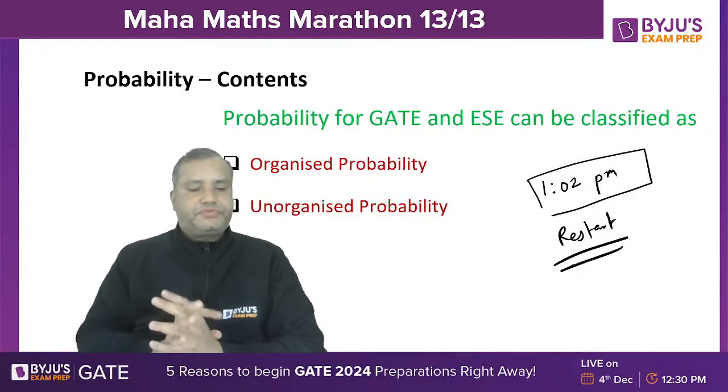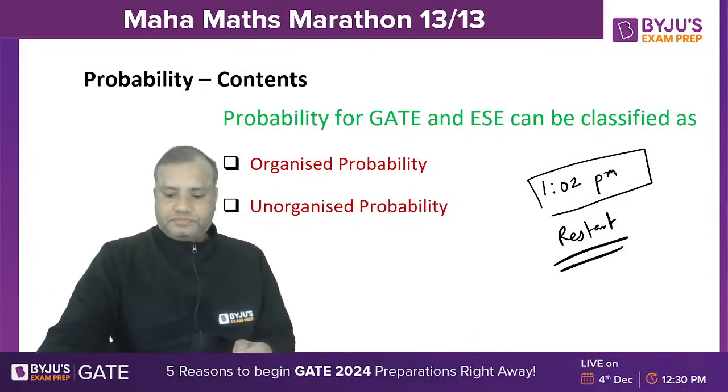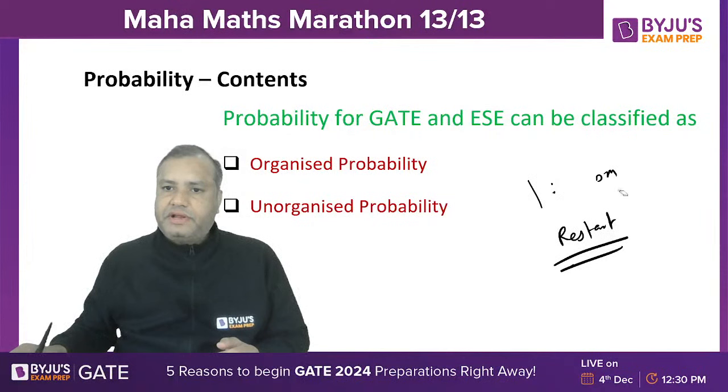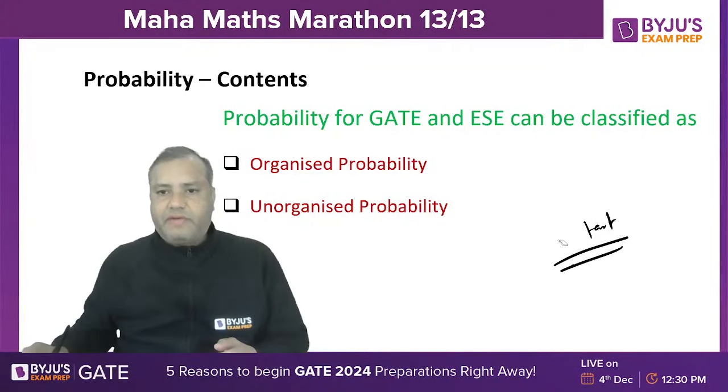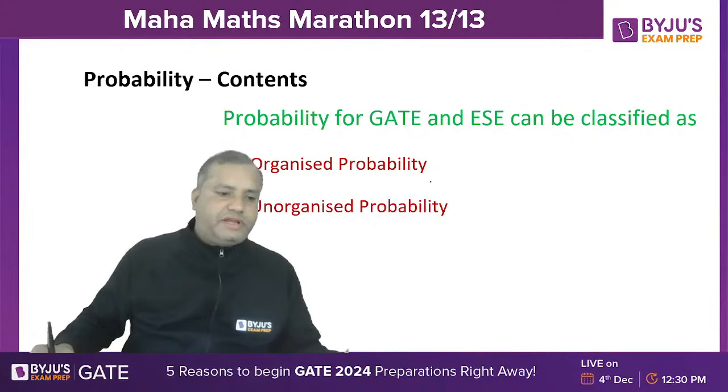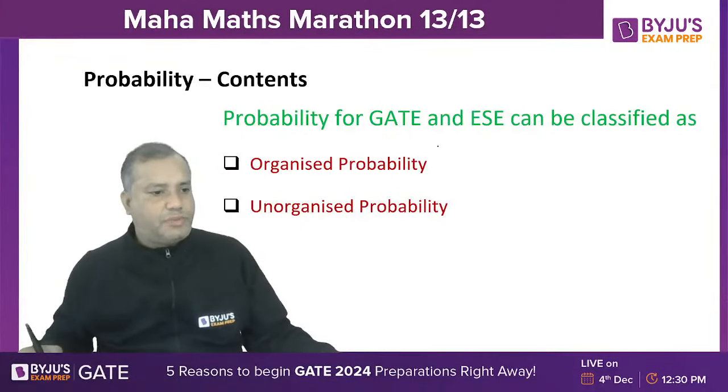So, students, when we talk about probability, the entire probability relevant for GATE exam can be divided into two parts. One is the organized probability and another one is unorganized probability.